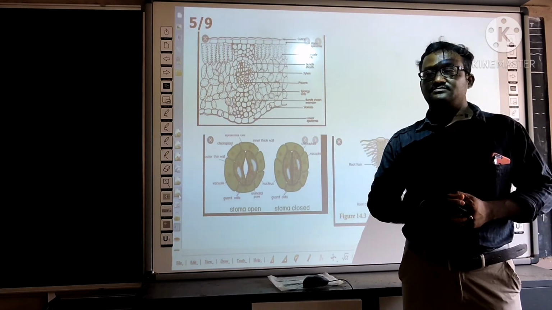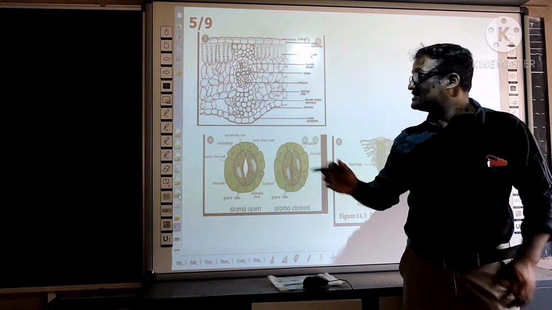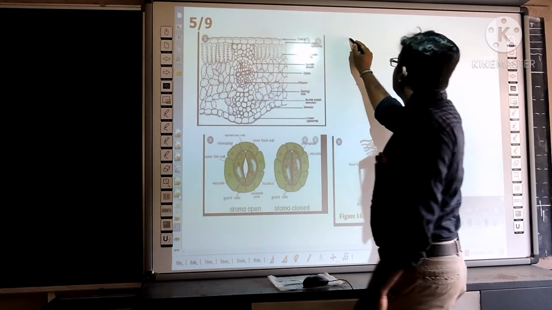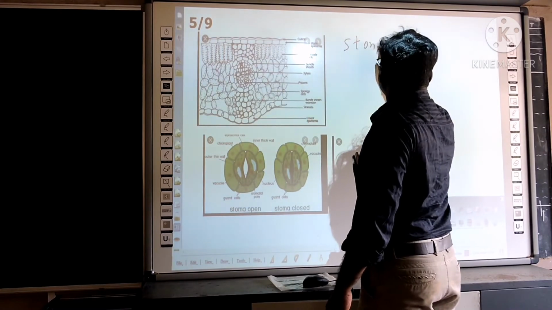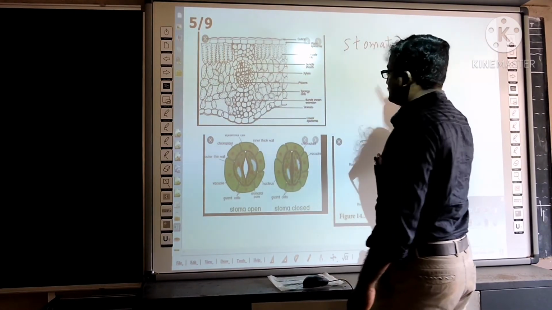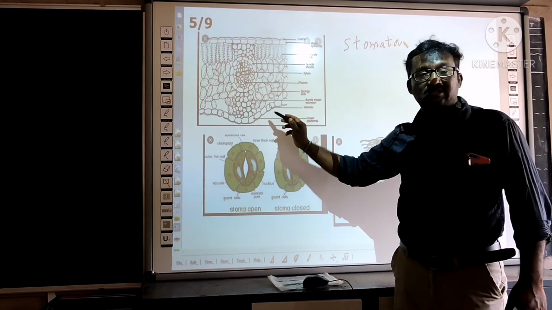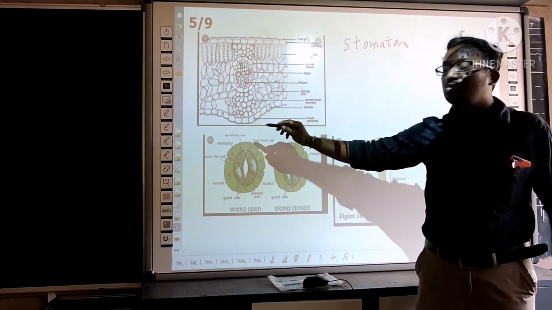Stomata. The stomata are present in the lower epidermis of the leaf. Understand? So that means some of the epidermal cells are modified to stomata.